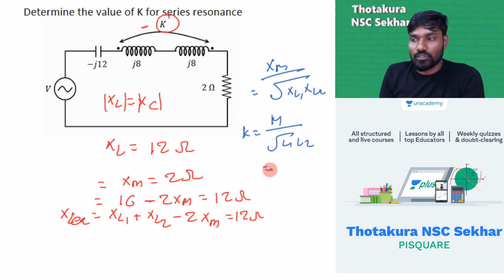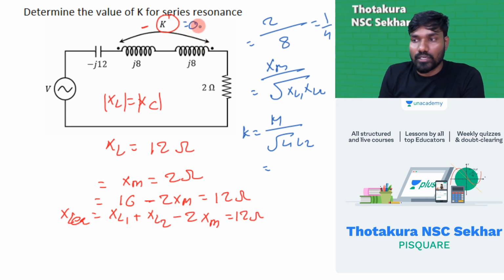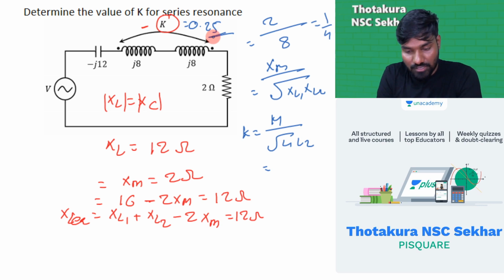I know the XM value is 2, divided by under root 8 into 8, which is 8. So 1 by 4, that is 0.25. 0.25 is the answer.